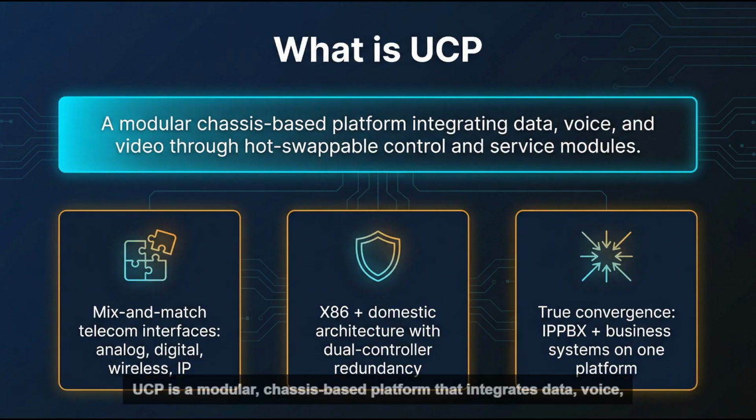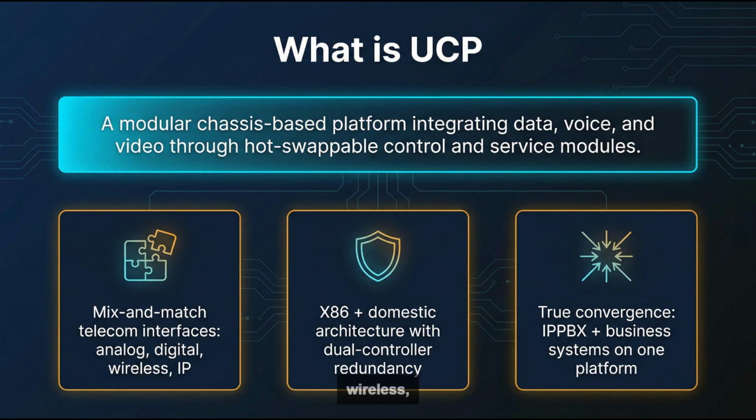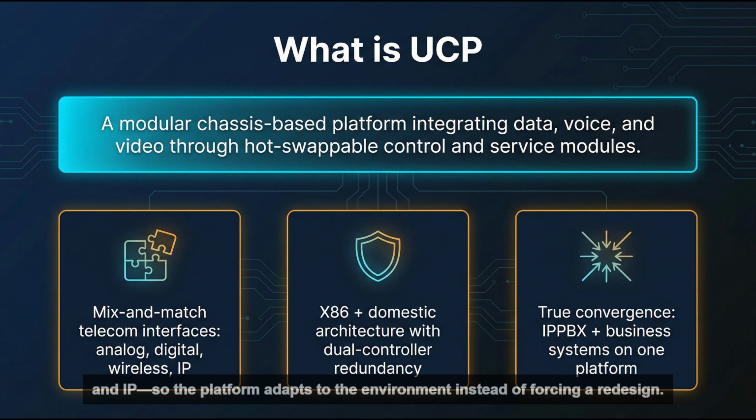UCP is a modular, chassis-based platform that integrates data, voice, and video using hot-swappable control and service modules. There are three differentiators to keep in mind. 1. You can mix and match telecom interfaces, analog, digital trunks, wireless, and IP, so the platform adapts to the environment instead of forcing a redesign. 2.